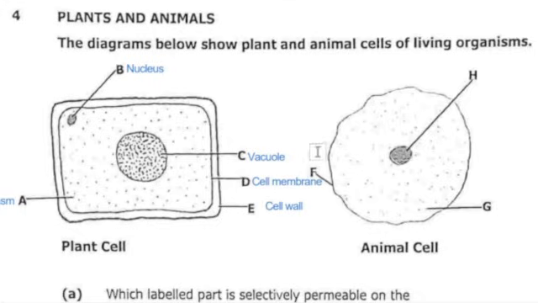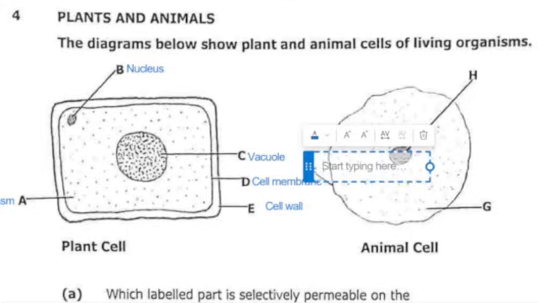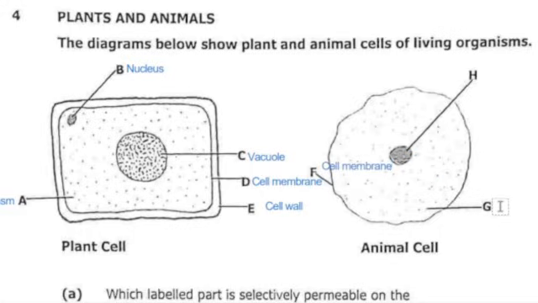This side we have got F, G, H. What is the part F? As you can see, that is cell membrane. We come to G. What is part G called?